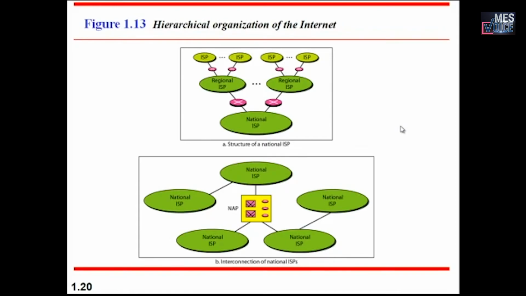And all the national level service providers are interconnected internationally. So this is the hierarchy of organization of the internet. In earlier times, only BSNL provided internet connectivity in India. Nowadays, private companies are also playing in this area, such as Reliance, Airtel, etc.